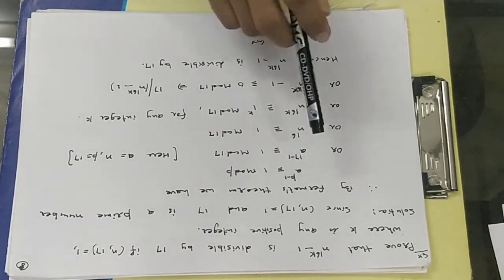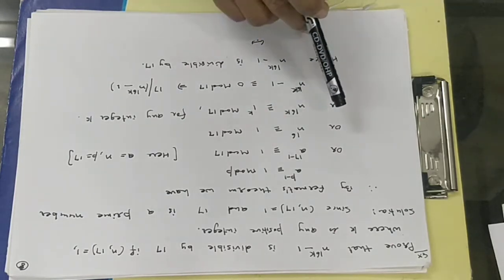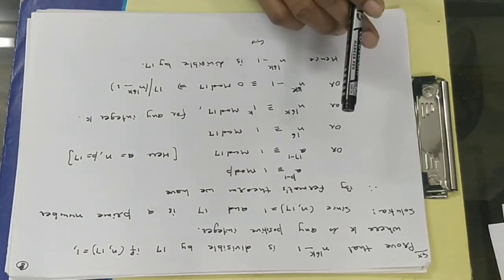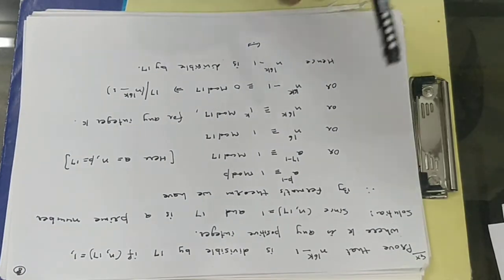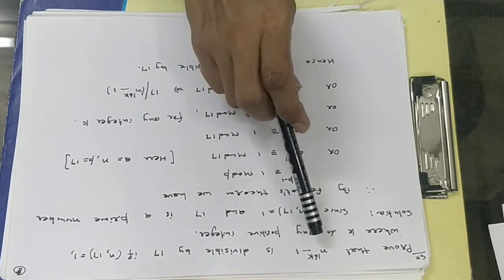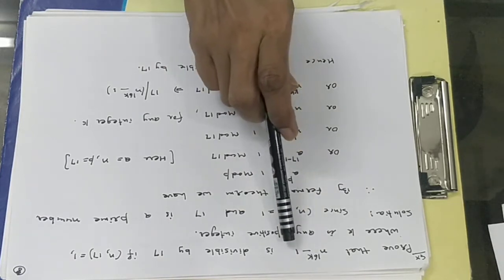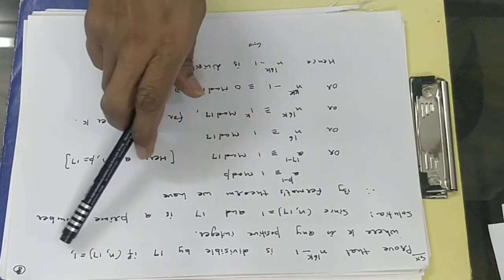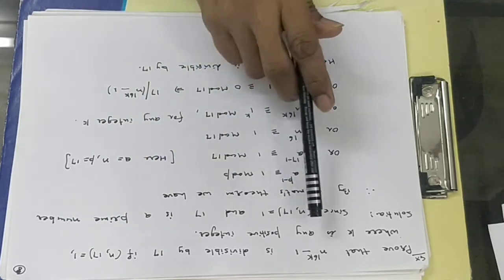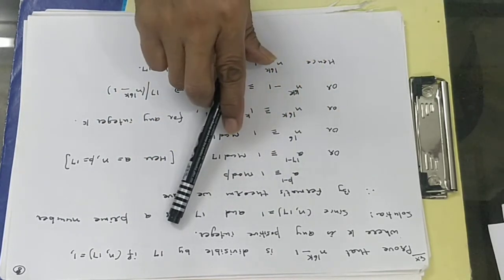Okay. Now next we will use Fermat's theorem for some more applications. To prove n to the power 16k minus 1 is divisible by 17 if n and 17 are co-prime, where k is any positive integer.